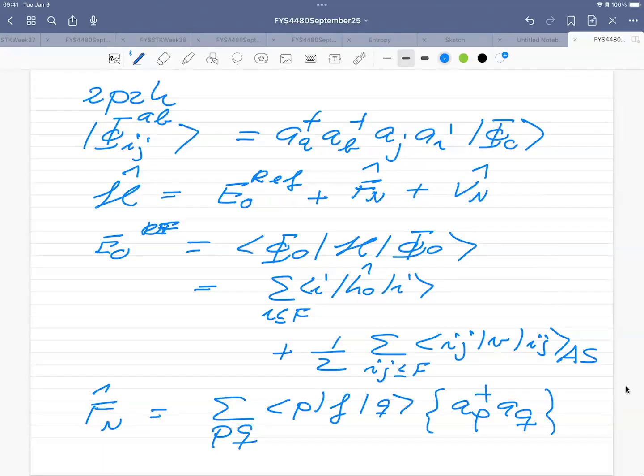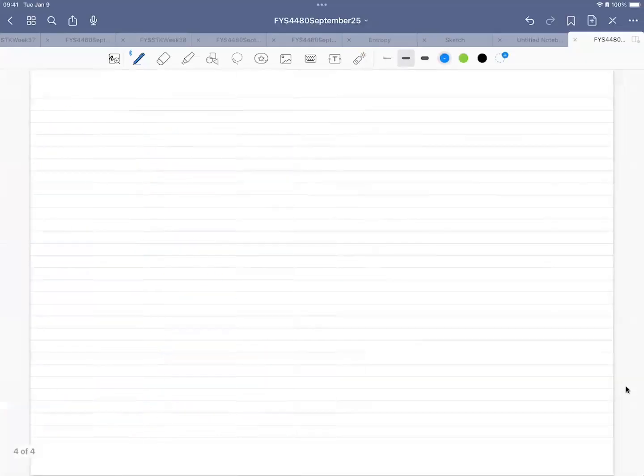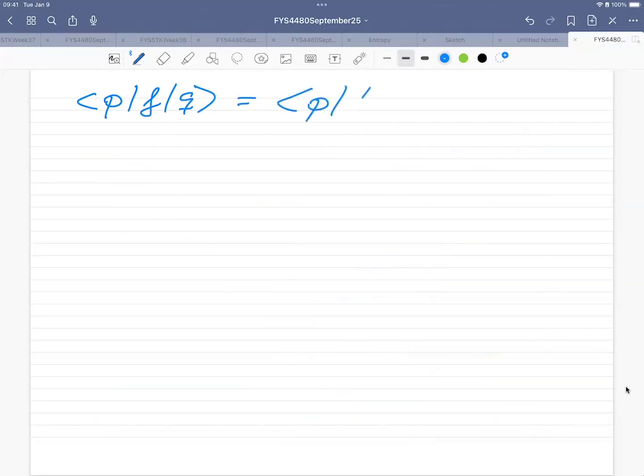So this operator then has this integral, which, after the manipulations we did last week, we could rewrite. So we have a P of F of Q here, and this is the same as the integral with the H0, the one-body operator, plus, so we can put a hat on this one, plus a sum over states below the Fermi level.